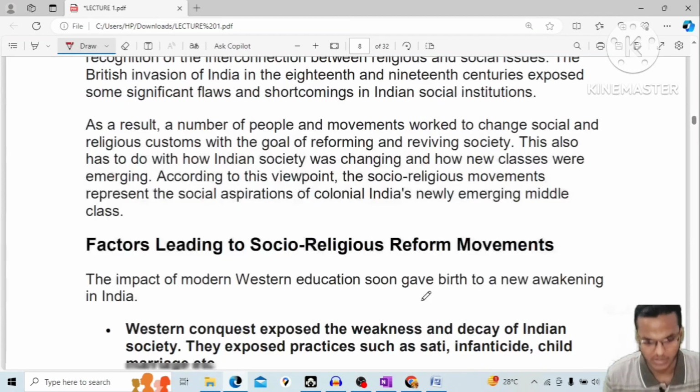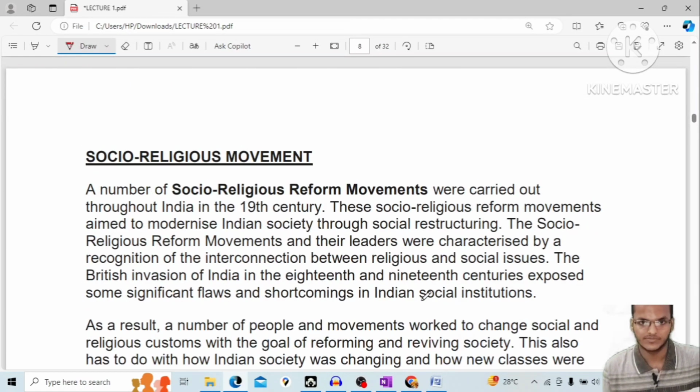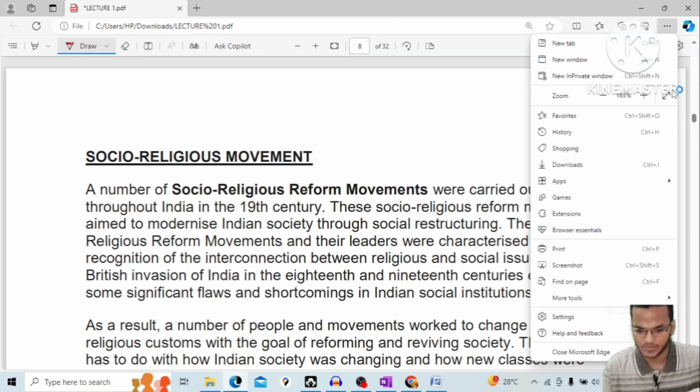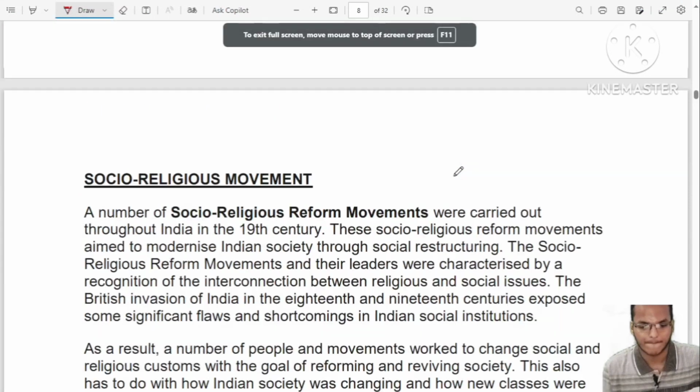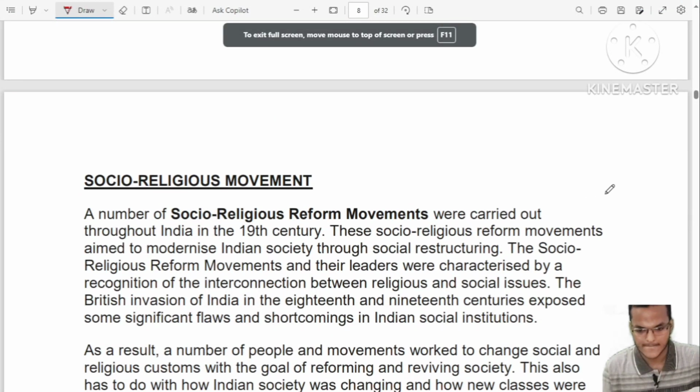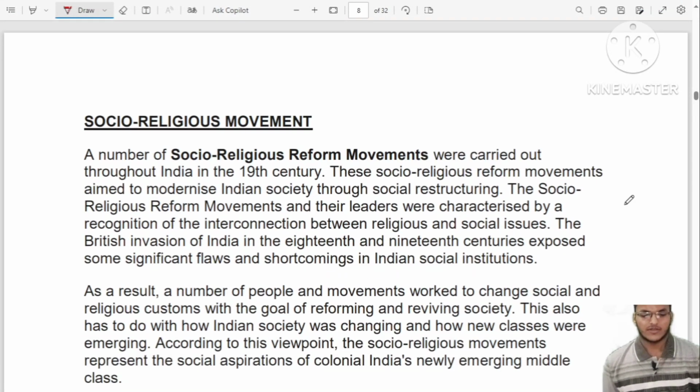So this is all about the 1857 revolt. The next is the socio-religious movement. Now, the socio-religious movements are an important topic from the UPSC point of view.